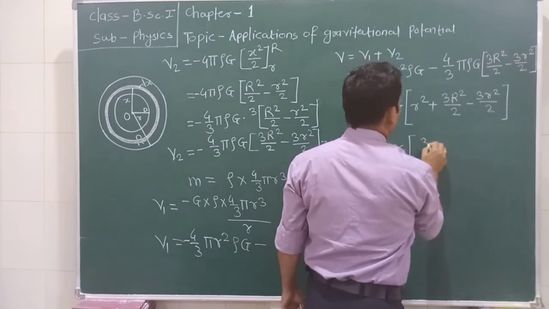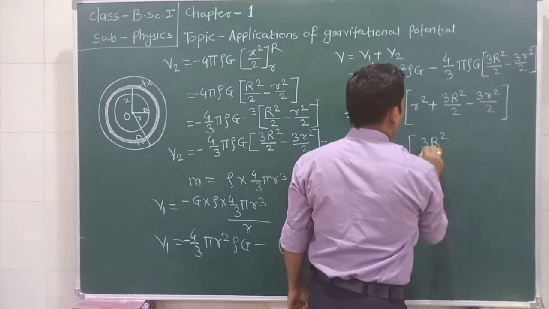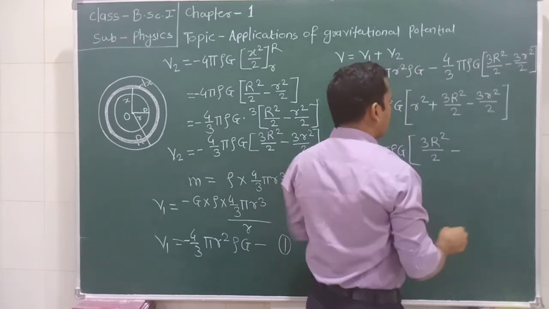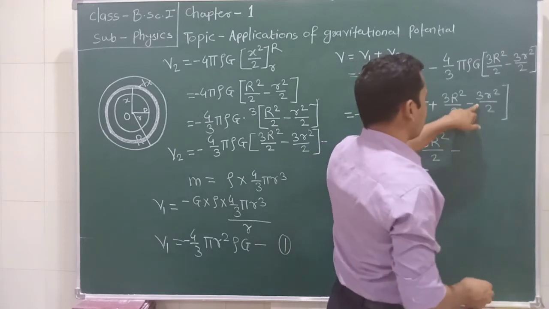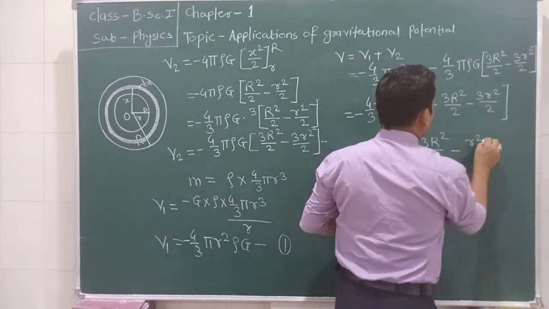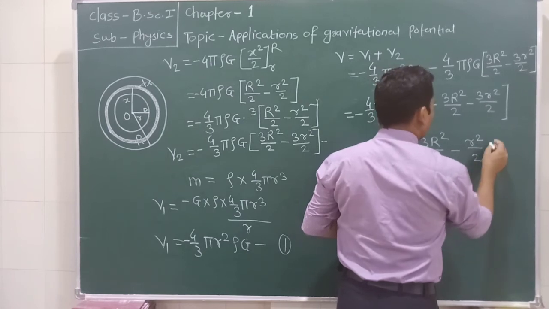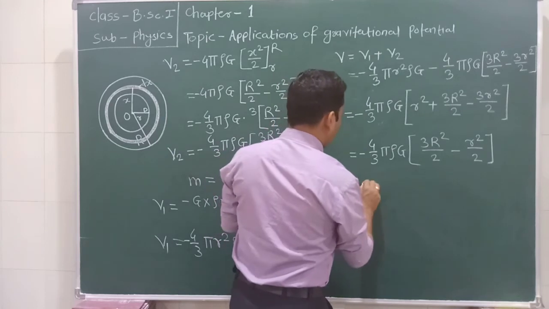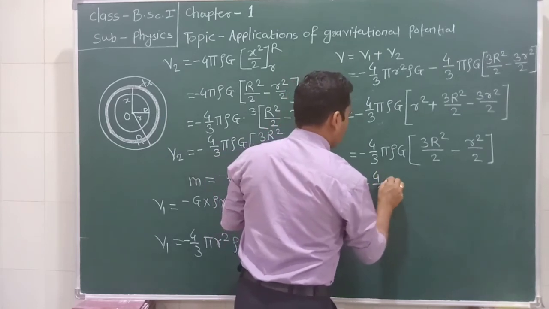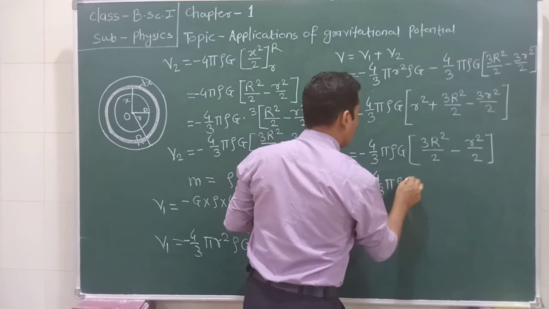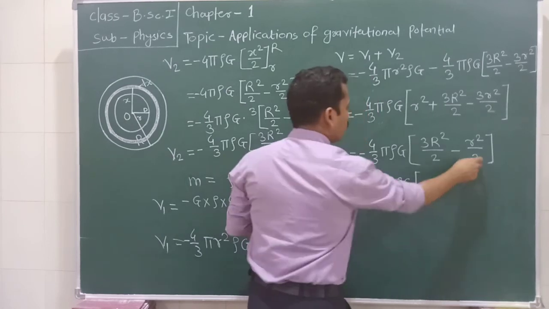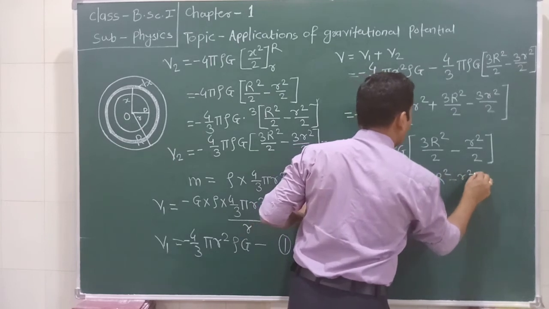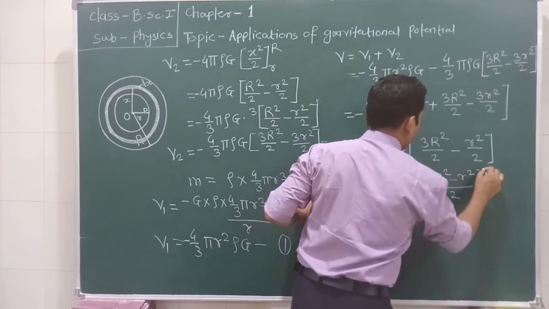So we can write 3R square by 2 as it is, and twice r square minus thrice r square is equal to minus r square, divided by 2. So we can write 4 by 3 pi rho g, and this 2 is common, so 3R square minus r square divided by 2.